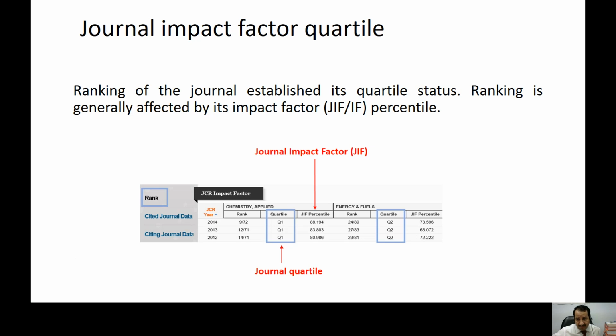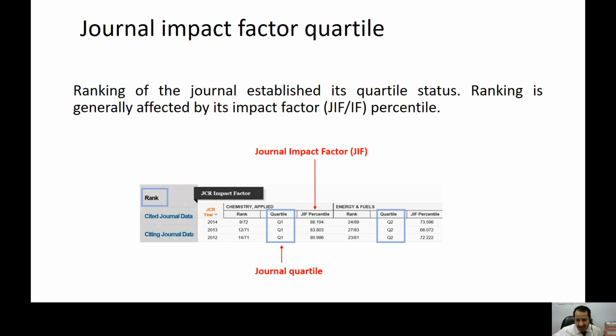And this also gives you a clear idea about journal impact factor. You see as an example here, rank cited journal data. Here you can see this category, chemistry, and this category, energy. You see in chemistry, this in 2014, 13, 2012, for a specific journal.